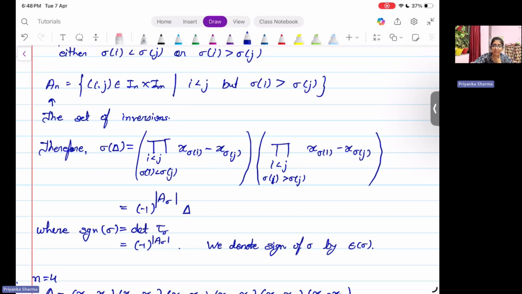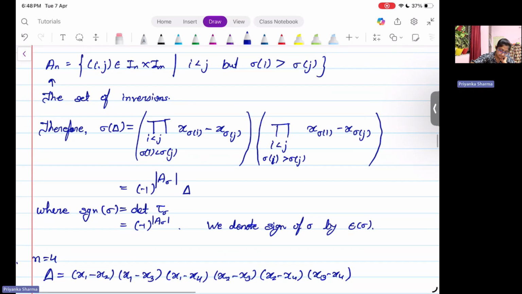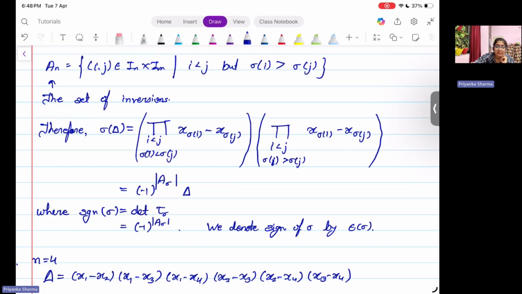In the second one, we have sigma(i) greater than sigma(j) for i less than j. This part will contribute powers of -1.